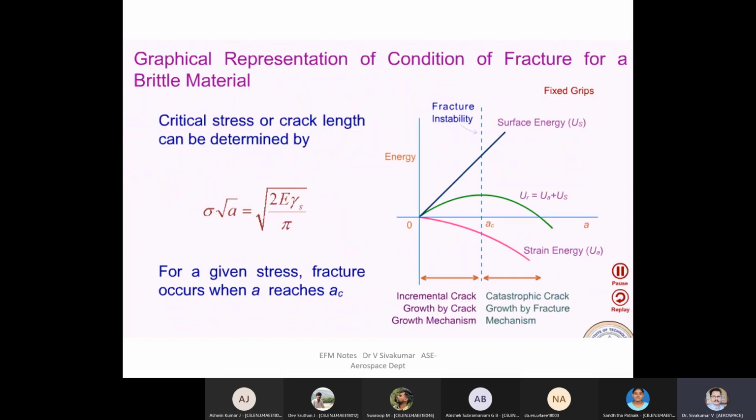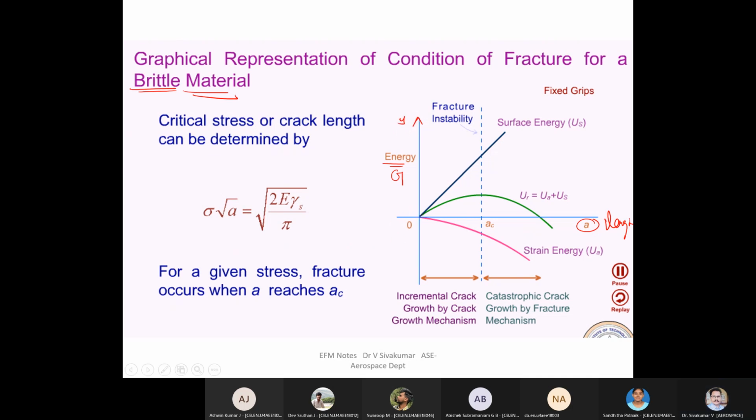Now you see here. Graphical representation of the condition of fracture for a brittle material. This I have already told you. The x-axis is the crack length, and the y-axis is energy.